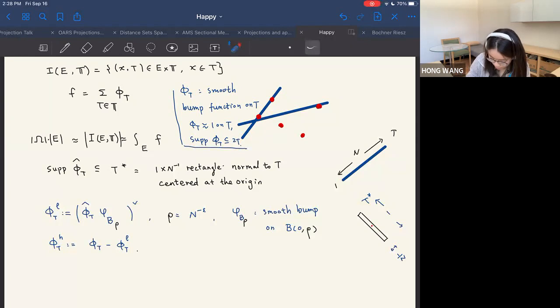And then let's take f to be the sum over phi_T with T in our collection of tubes.